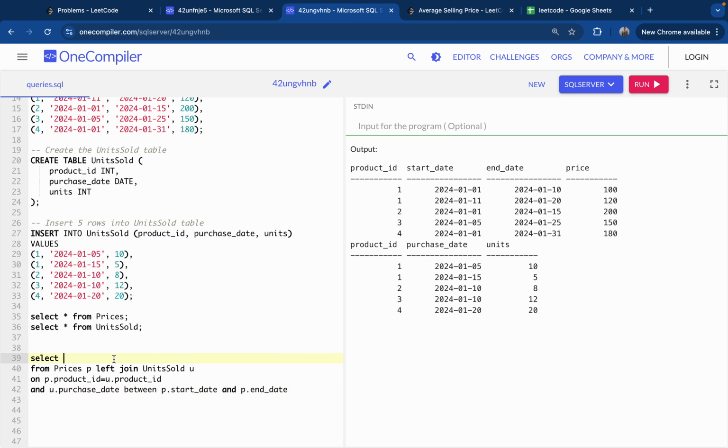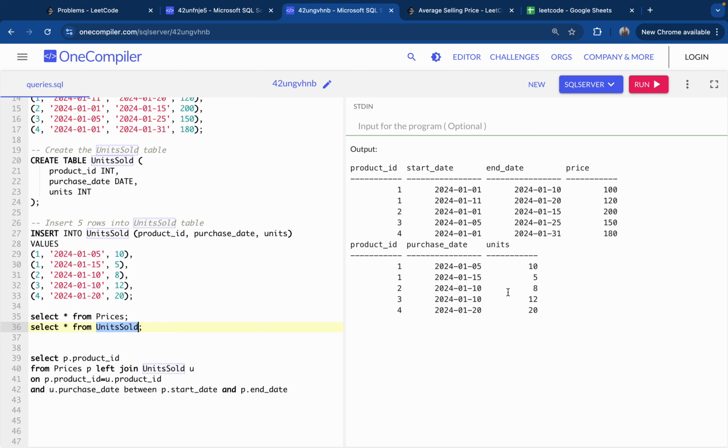Now if I just do P.product_id, because we want to make sure that we are getting the average price for all the products, this will come from the first table, which is prices. Let's assume one more scenario: this table might have one more row with product id 5, with some start date and end date and a price, let's say 200, but no one has bought any of that product, so in units sold that product will not be available.